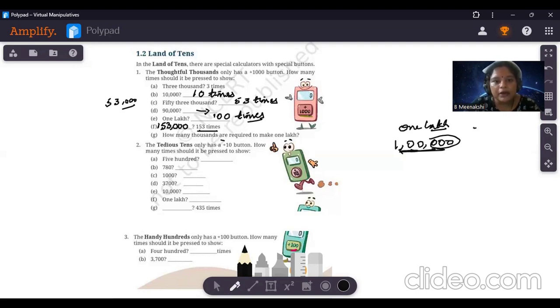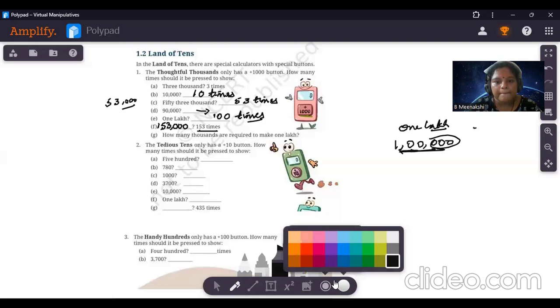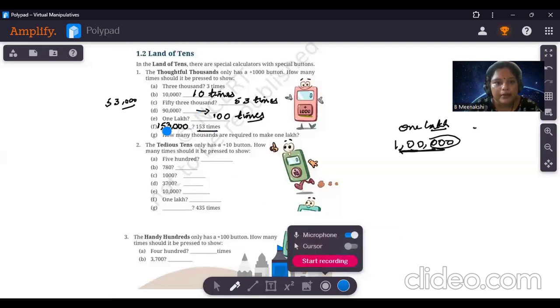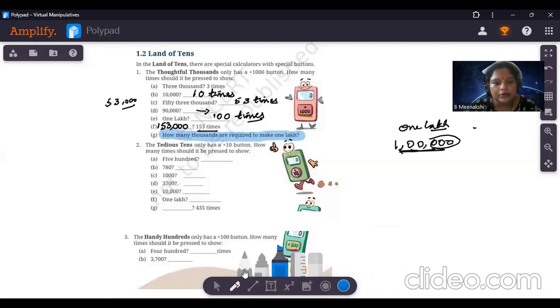Now, how many thousands are required to make 1 lakh? Get the question. Something multiplied by 1000 will give you 1 lakh, right?